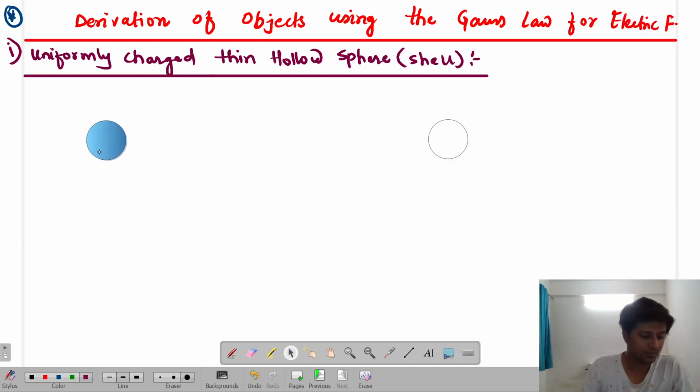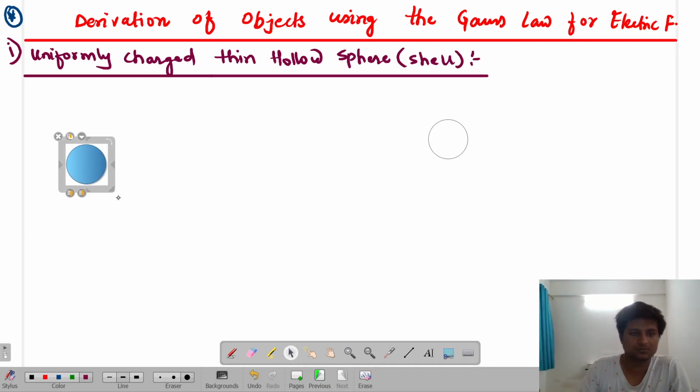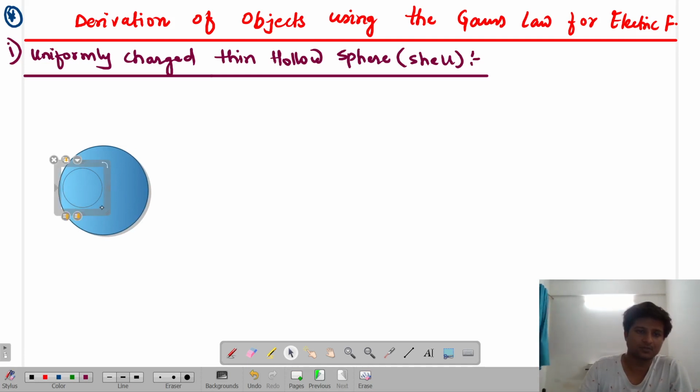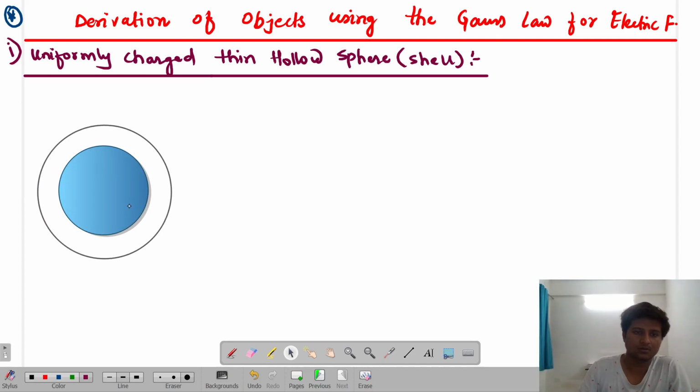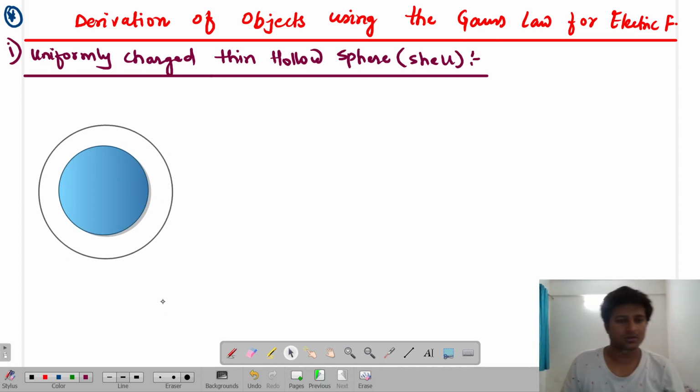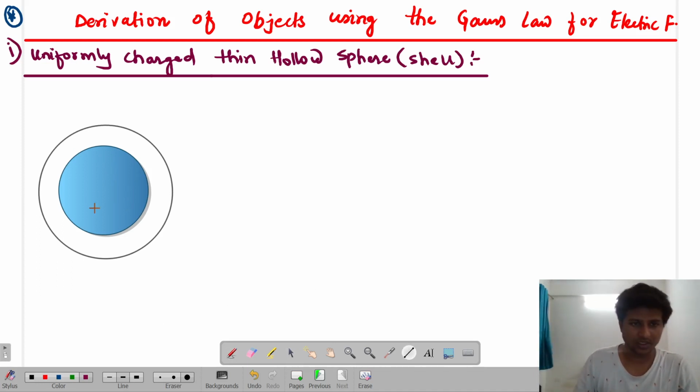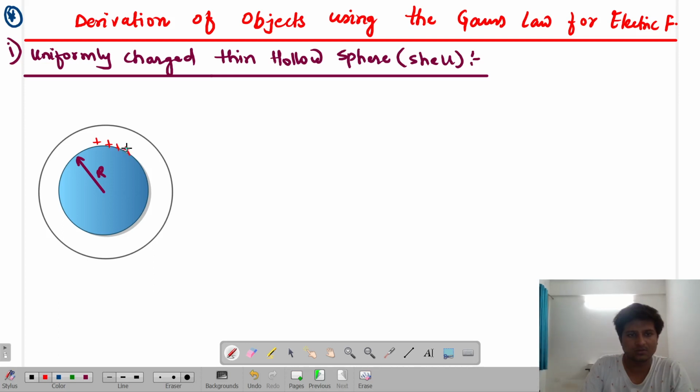Okay, let us see if this is my sphere. This inside is your original sphere, which has some radius and it has some plus charges, which means it is uniformly charged.